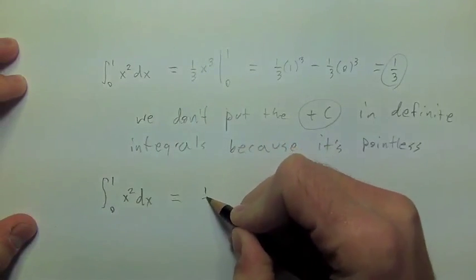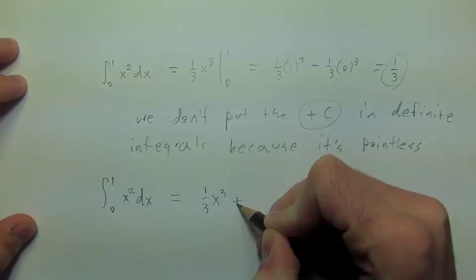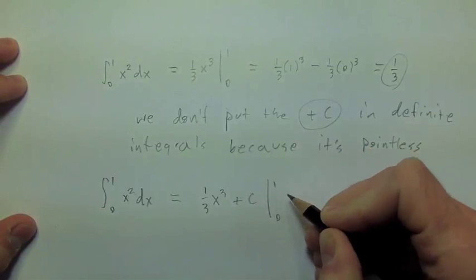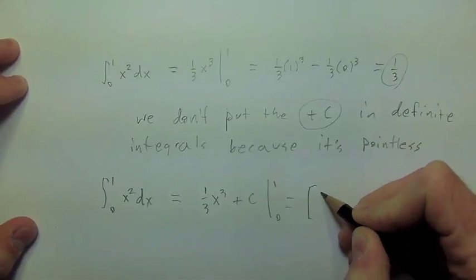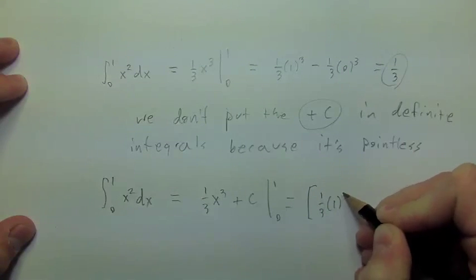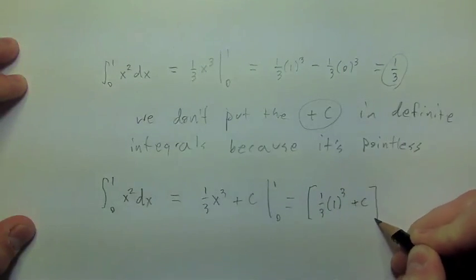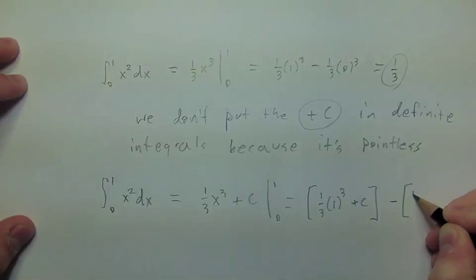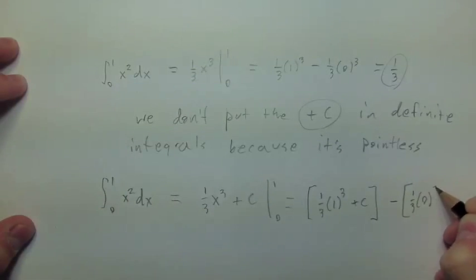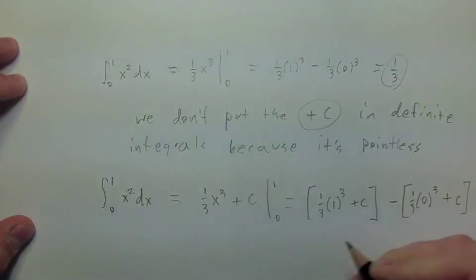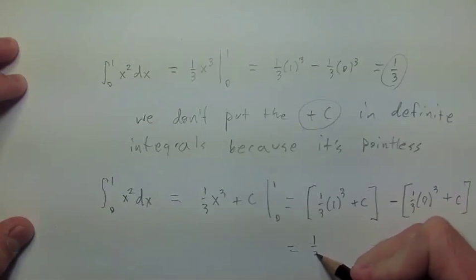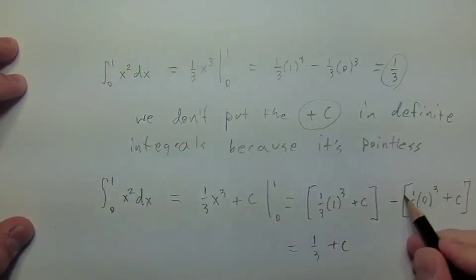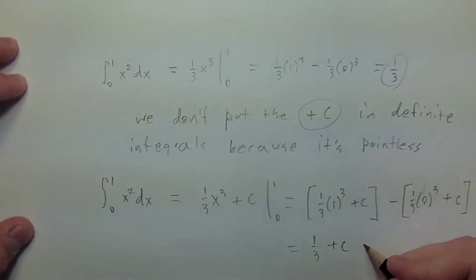Let's say I said, all right, 1/3 x cubed plus c, and I'm going to evaluate that from 0 to 1. Well, that would be 1/3 times 1 cubed plus c, then minus 1/3 times 0 cubed plus c. And what we would end up getting here is 1/3 plus c, and when I distribute that negative, just minus c.